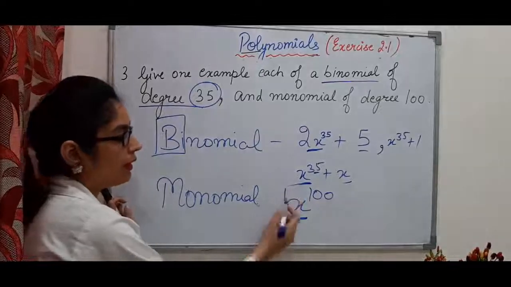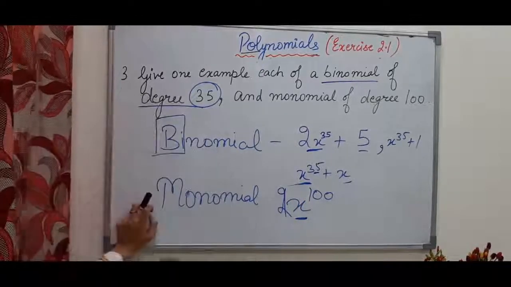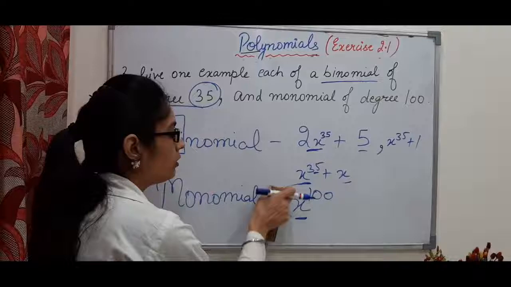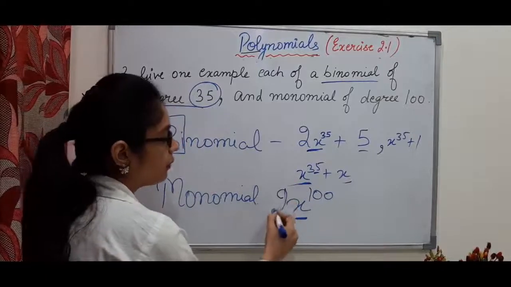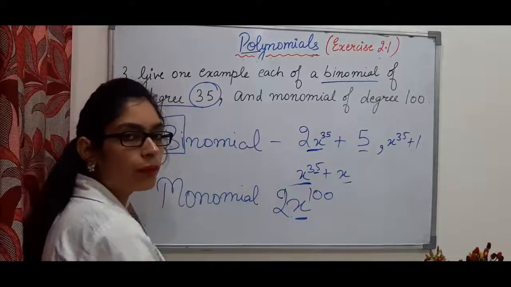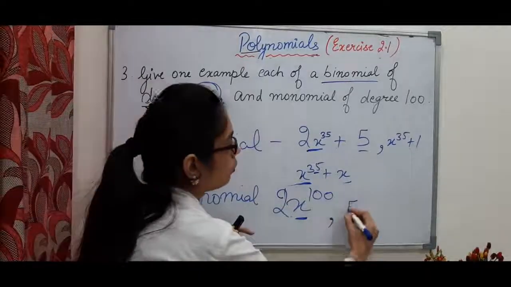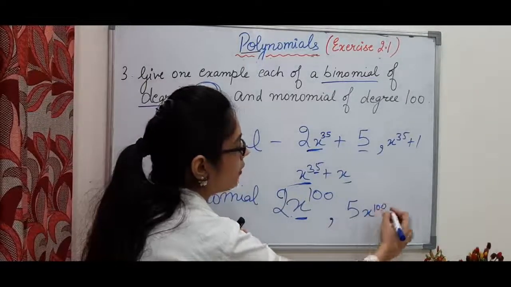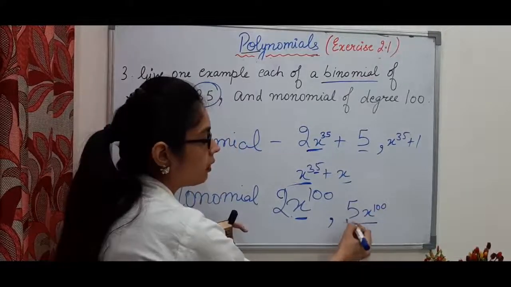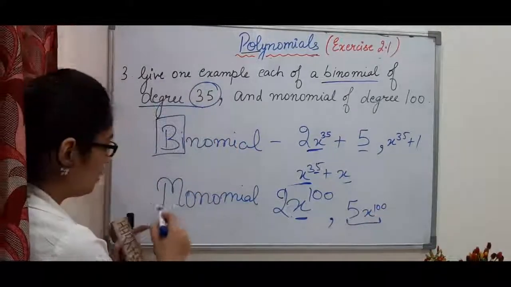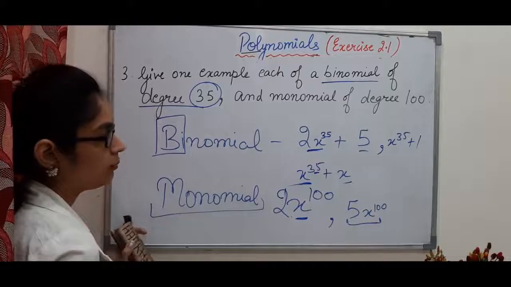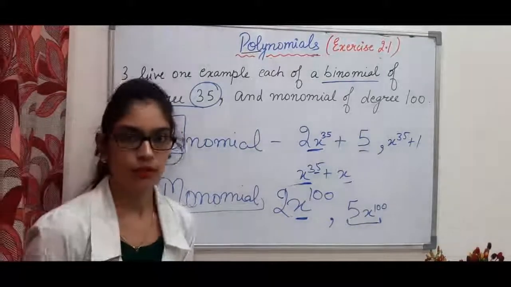If you want, you can write 2, 3, 4, or any number, so 2x^100, 3x^100, any you can write, but the highest degree should be 100, and the term should be a single term because we are writing for a monomial. Now let's do the next question.